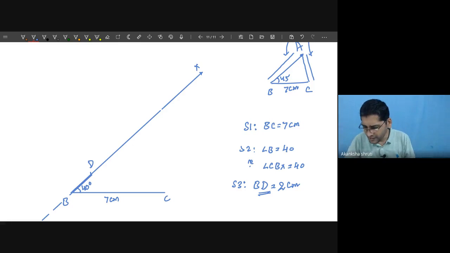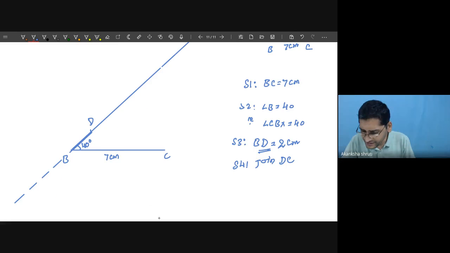Now again you have to join, exactly the same as the earlier step we have done, it doesn't make any difference. Then you have to join which one? DC.